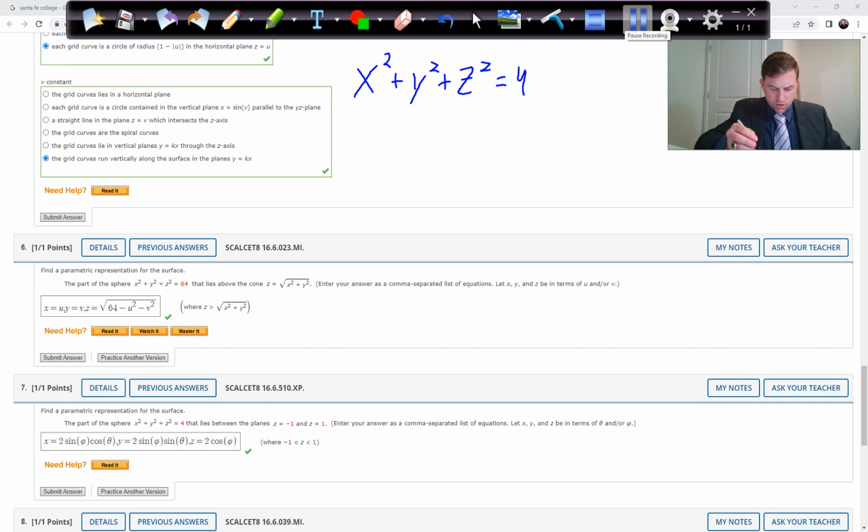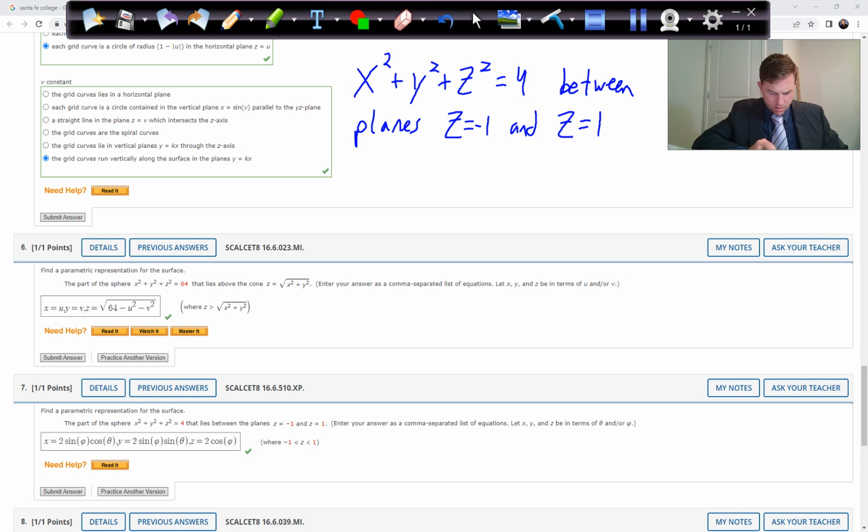And that is going to lie between the planes z equals minus 1 and z equals positive 1. Okay, what else am I missing? I think that's it. So we are going to put this in spherical coordinates.